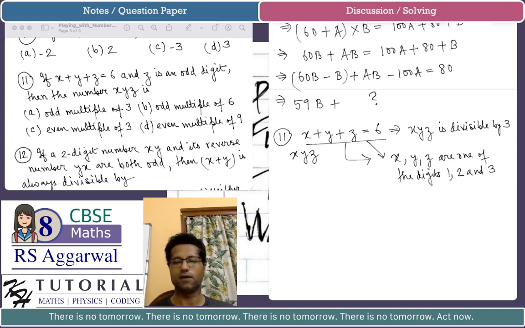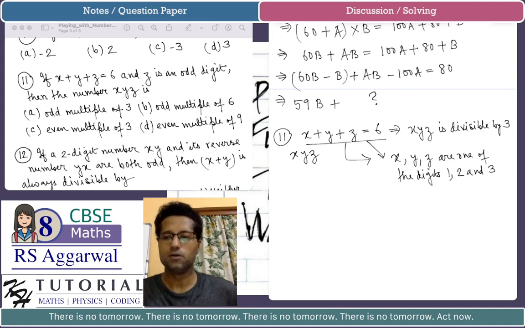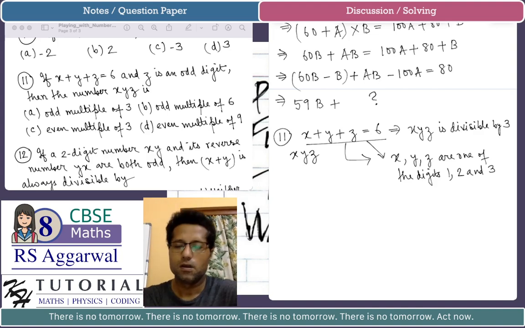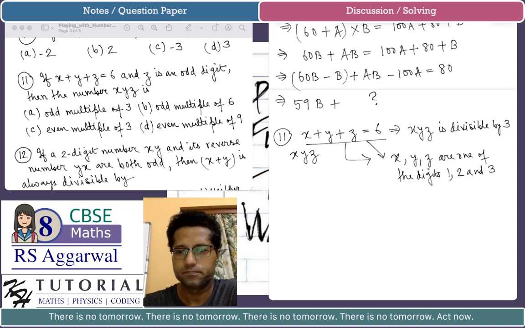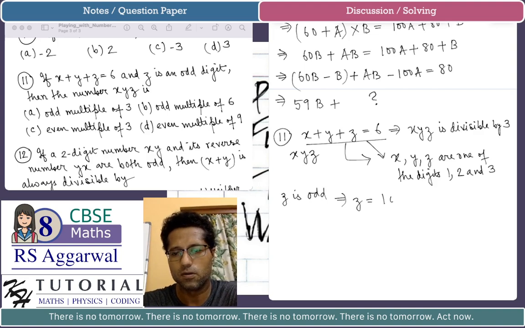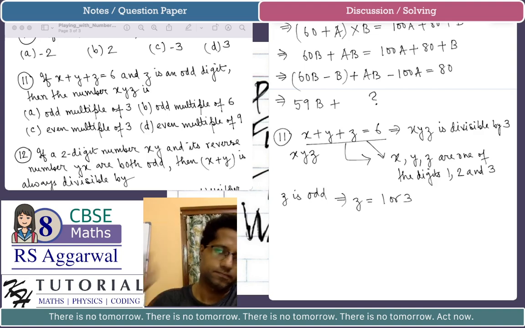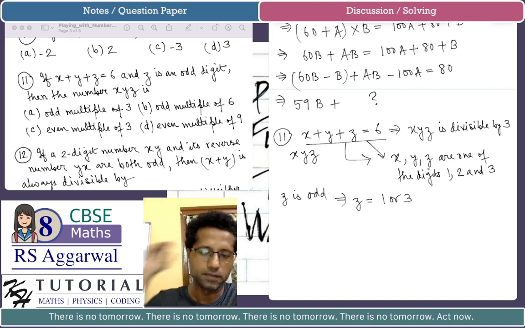So if x is 1, then y could be 2 and z could be 3, or if x is 1, y could be 3 and z could be 2. Now z is given to be an odd digit. Z odd implies z is equal to 1 or 3.